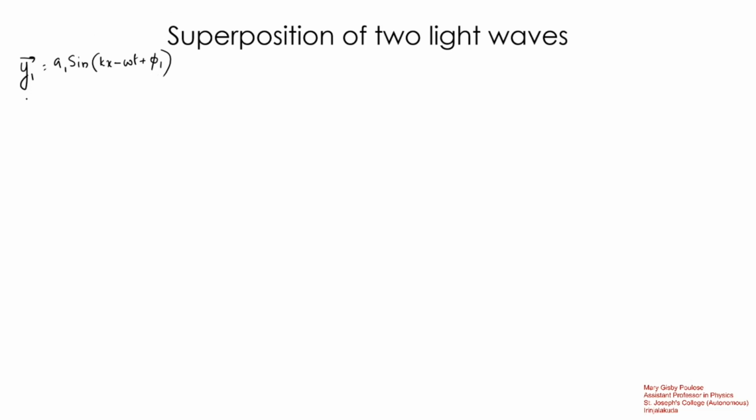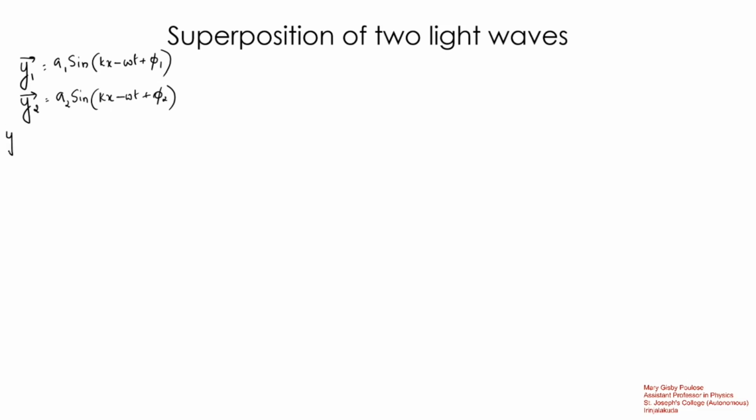Now another wave superimposes upon it, and the second wave is taken as y2 equals a2 sine of kx minus omega t plus phi 2. This wave is also propagating along the x-axis, but it has a different amplitude a2 and different phase phi 2. If they interfere upon each other, they will follow the principle of superposition.